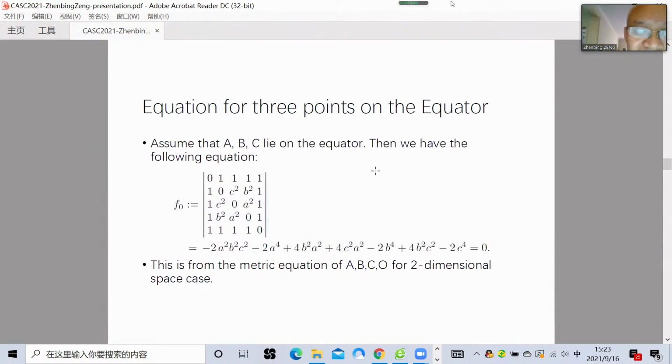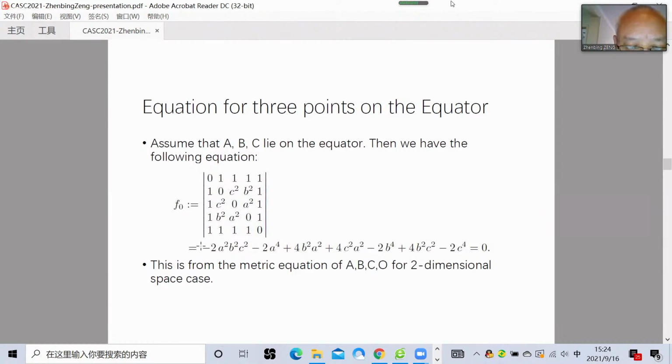Then we look at 3 points on the equator, where we have a simpler polynomial. Assume A, B, C are 3 points on the equator, and little a, b, c are the distances between these 3 points. Then we will have this determinant equal to 0.